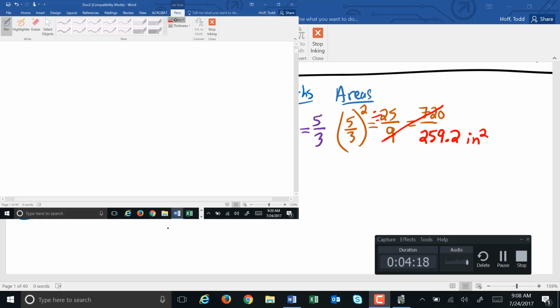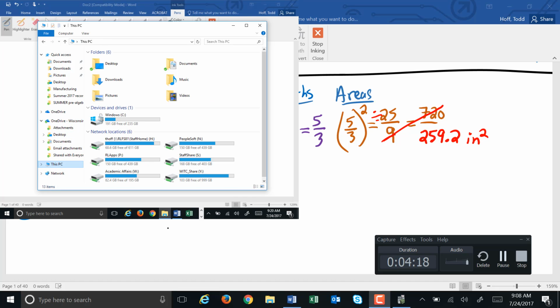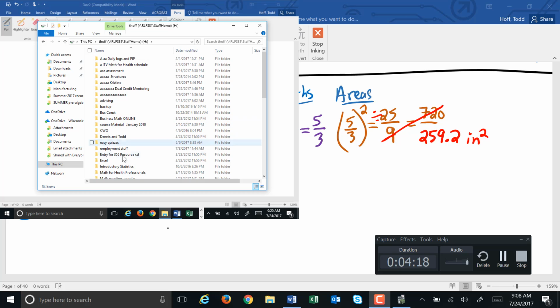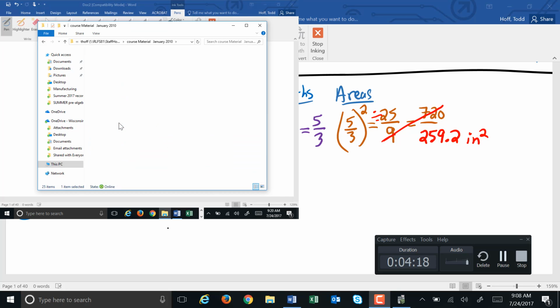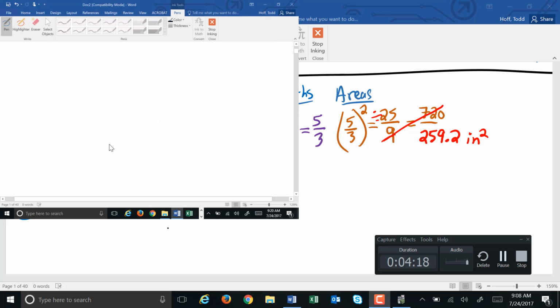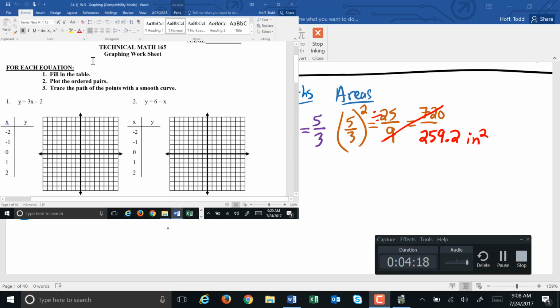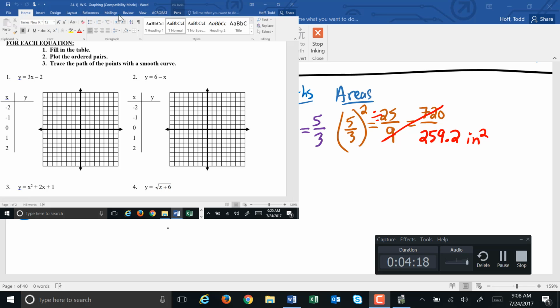Okay, now where we left off on Thursday, we were talking about graphing. And I'm going to pull up this worksheet again. We graphed these first couple here.